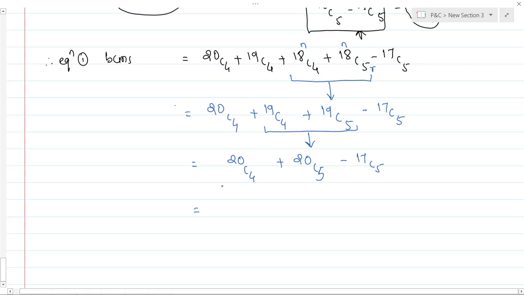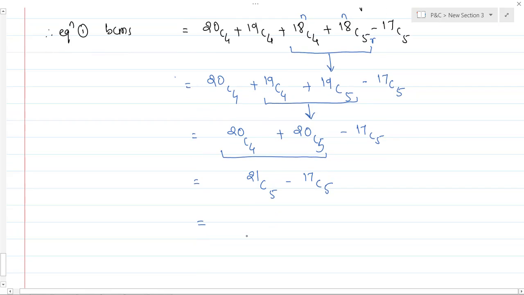Now next what to do? Consider these two terms. So nCr plus nCr minus 1 is nothing but n plus 1 Cr, that is 5, minus 17C5. Now this question becomes very easy. Just solve these two terms: 21C5 minus 17C5. So how to solve this?